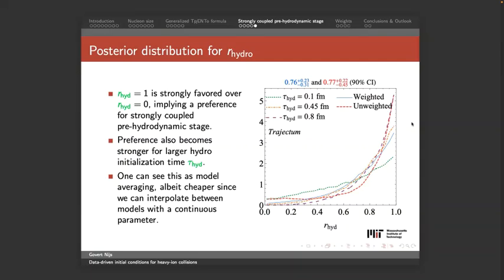And what you can also see is that if you fix this initialization time at different values, the preference becomes stronger if you increase this hydro start time, which also makes sense because the free streaming drives it further away from the equilibrium where it wants to be. So if you let that go on for longer, then it, well.